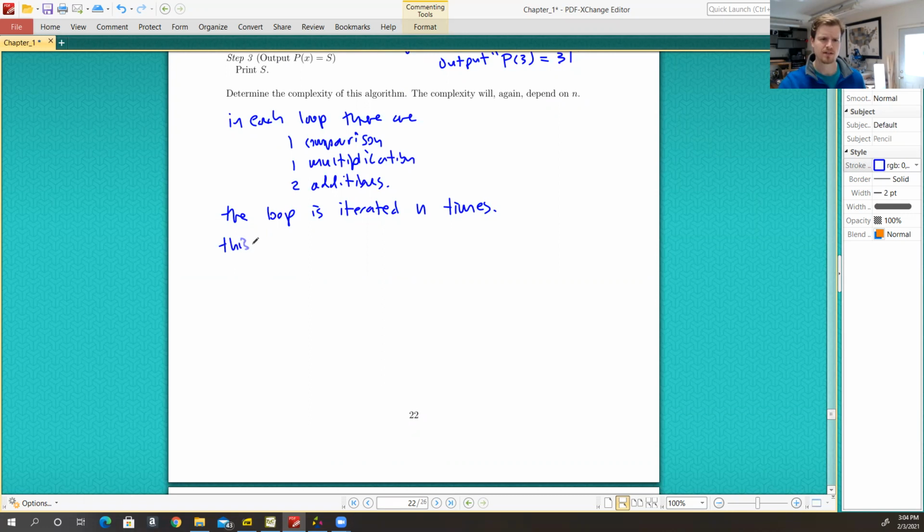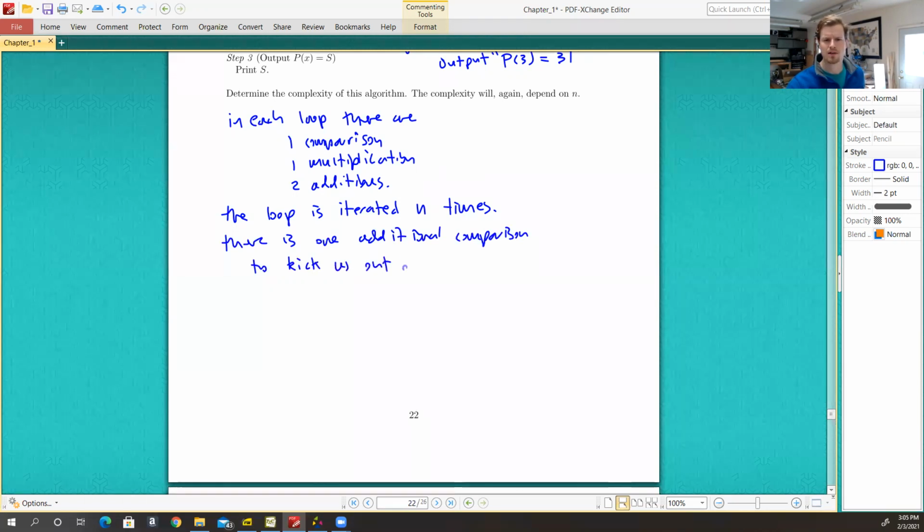Oh, and then actually we should say the loop is iterated n times, and there are n plus 1 comparisons total. I already counted the comparisons here though, so let's say there is one additional comparison to kick us out of the loop.